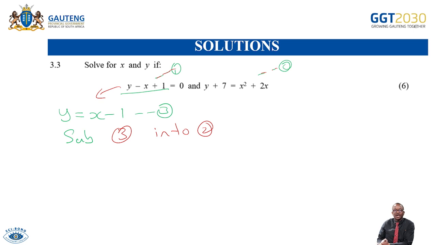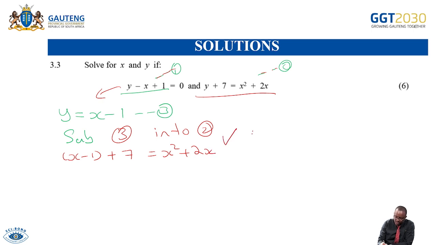So where we see y, we're going to put x minus 1. So now here we are having y plus 7 is equal to x squared plus 2x. Where there is y, I'm going to put x minus 1 plus 7 is equal to x squared plus 2x.